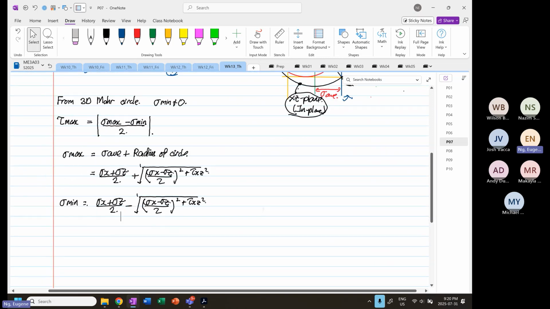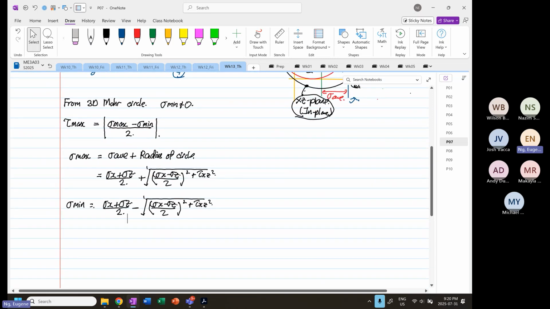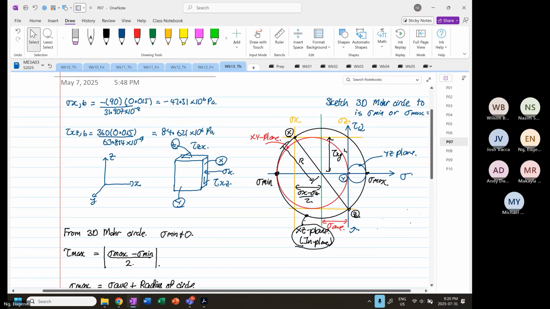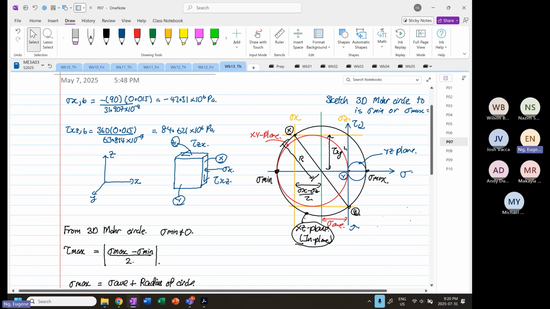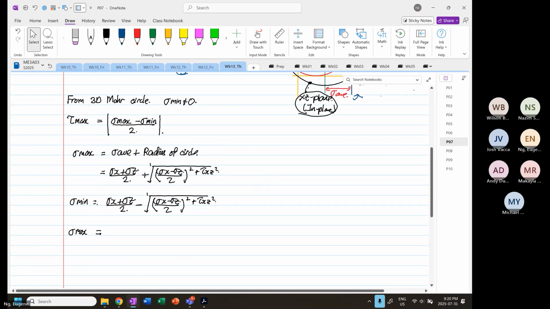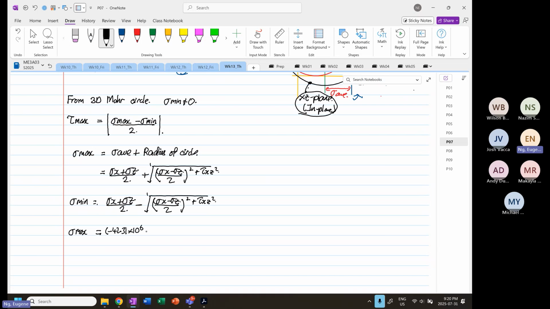So we know that stress max is equal to, so stress X is equal to minus 42.31 times 10 to the power 6 plus 0, the whole thing divided by 2, plus square root of the whole thing, right?